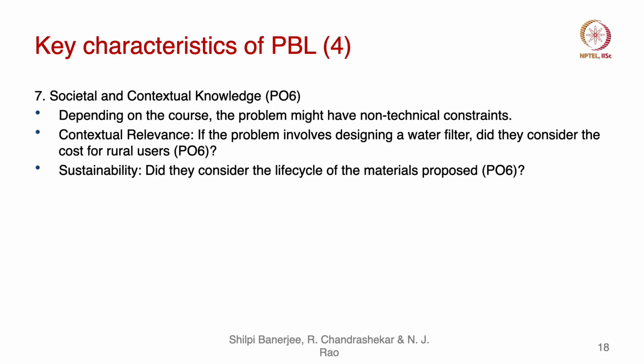And then sustainability. For example, if something needs to be changed every month in a filter, then obviously the life cycle of the materials proposed is wrong. So PO6 identifies these issues.